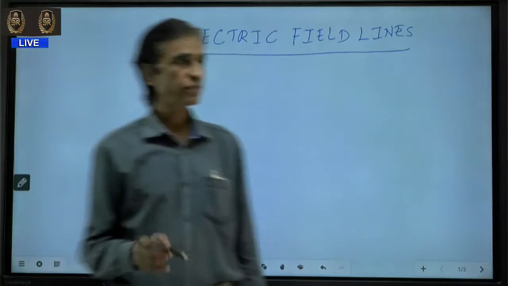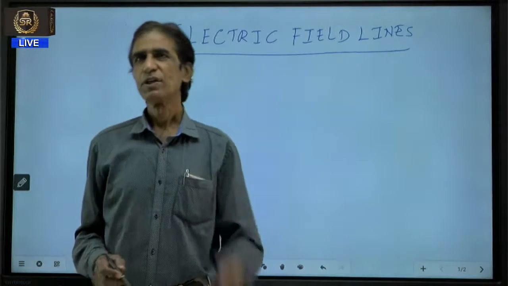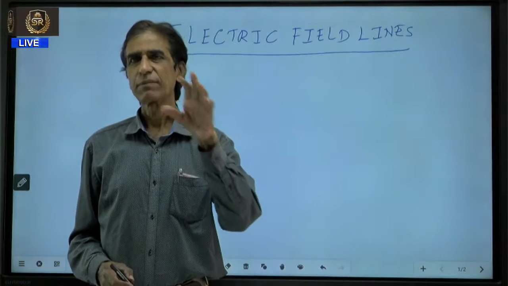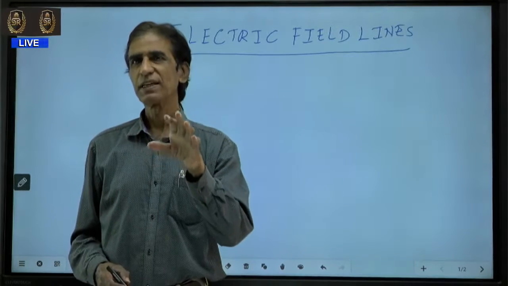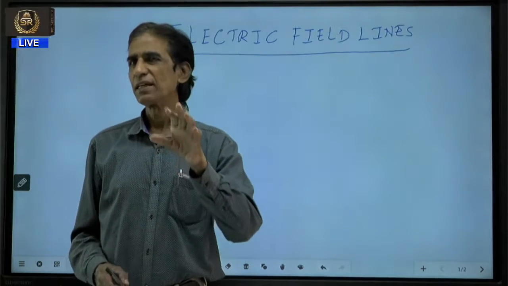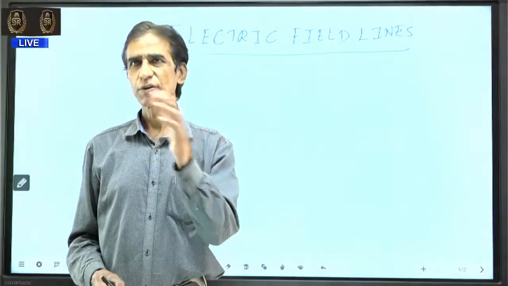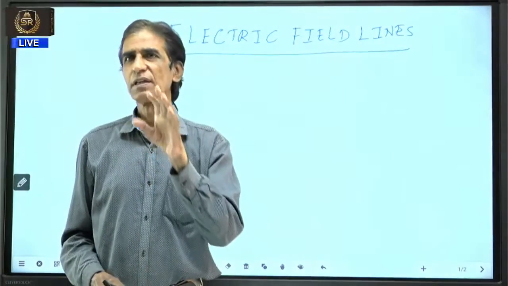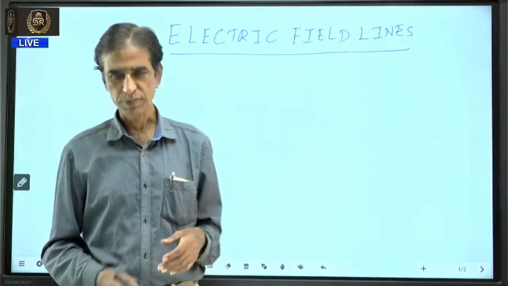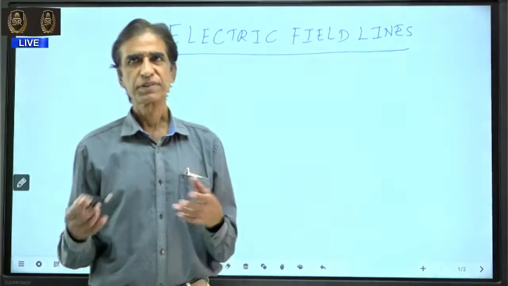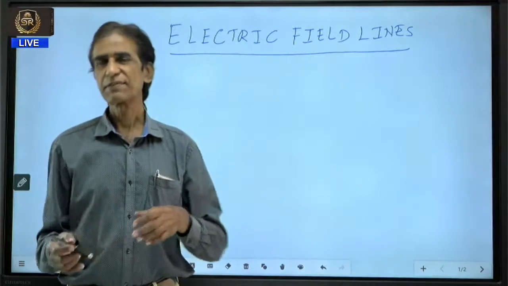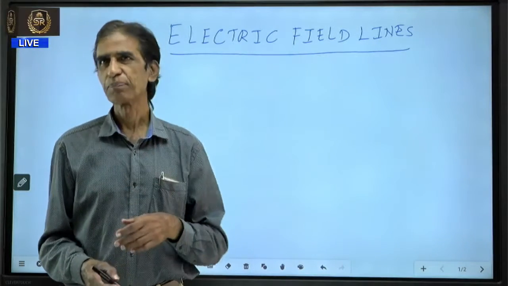That is why Faraday suggested that electric field can be represented by lines, maybe straight lines, maybe curved lines, depending upon the type of charge distribution. Based on the type of charge distribution, these electric field lines are going to change.